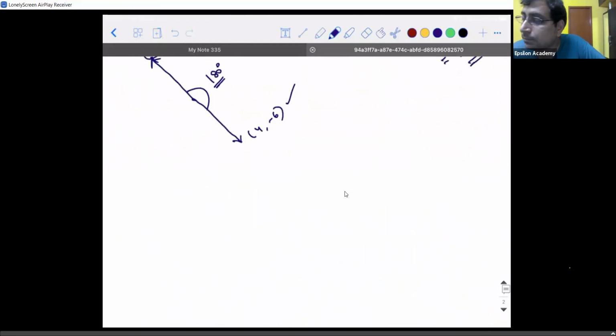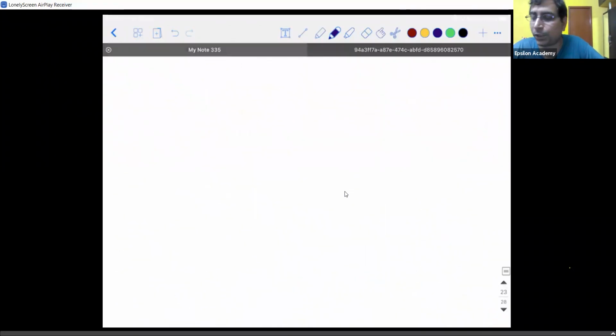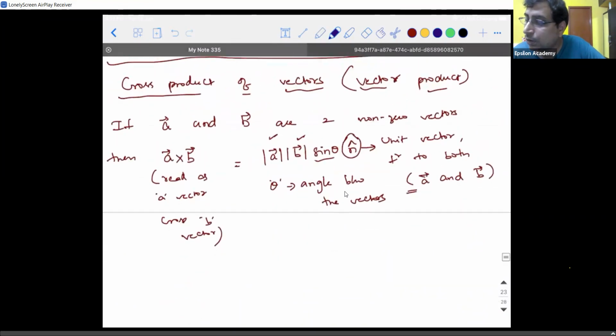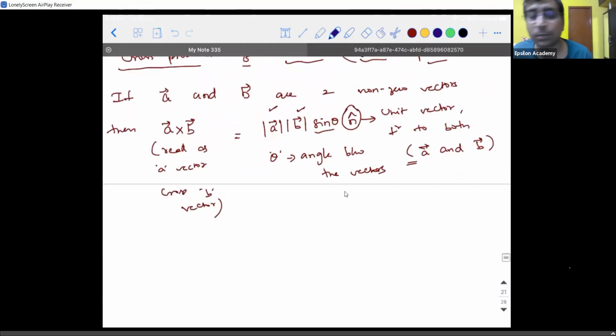So we'll be using the cross product also. Before we get into the problems, I want to teach one of the concepts, that is cross product of vectors, which is also called the vector product. Let me explain this to you.